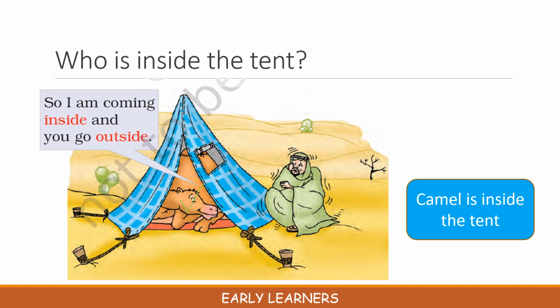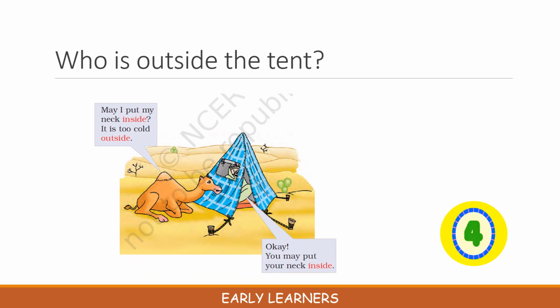Okay, let's look at another question now. Now look at the picture carefully and tell me who is sitting outside the tent this time. You have 5 seconds to go. Right.